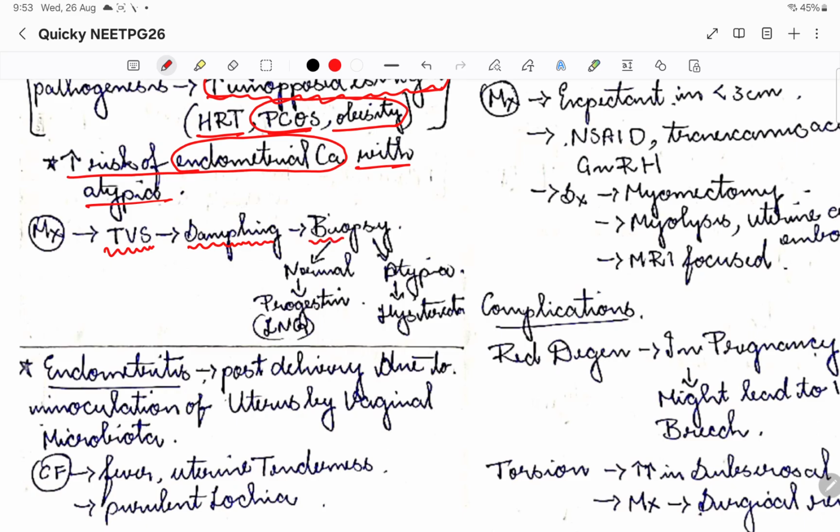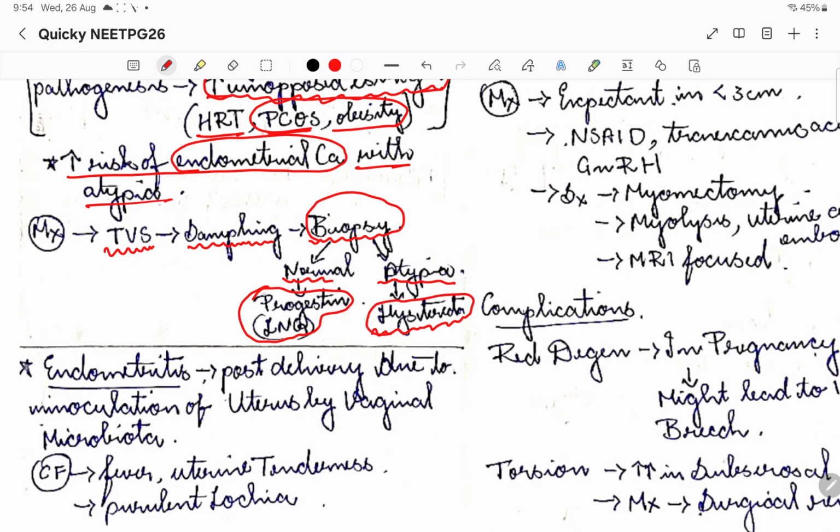Then we are going to take the biopsy and send it for histopathological examination. There we'll decide whether it is normal or if there is atypia. If the biopsy is normal, we go for progestin, basically LNG or norgestrel, and if there is atypia, we go for definitive management, that is hysterectomy.